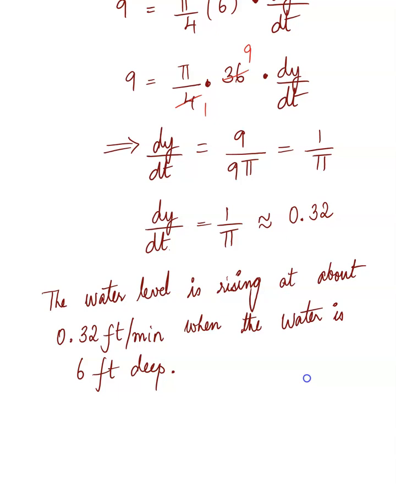I'm using the sentence right from the question to interpret my answer. And this is so important because we're looking for these details. The numerical answer as well as the units that go with it. Alright? And that makes total sense for this problem.